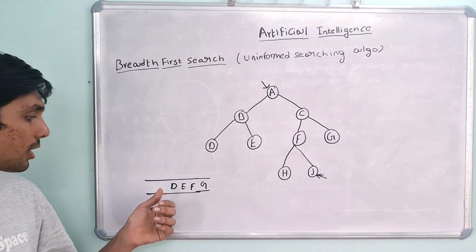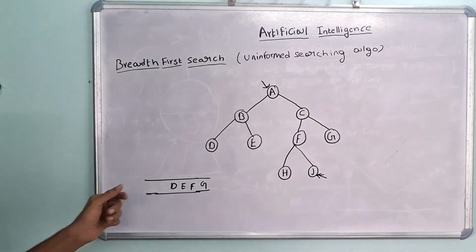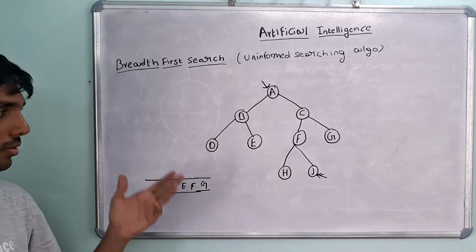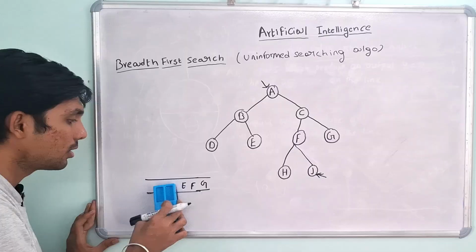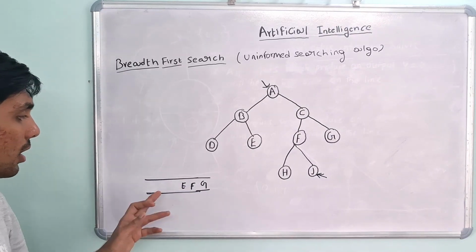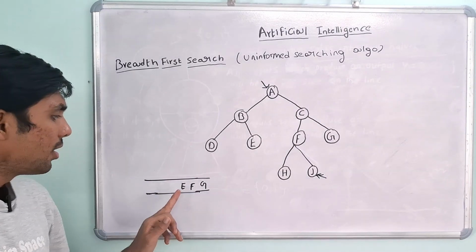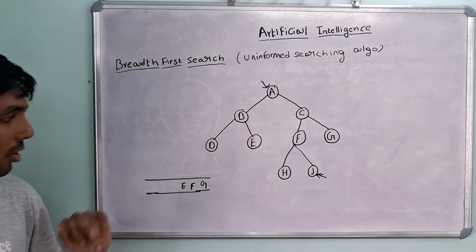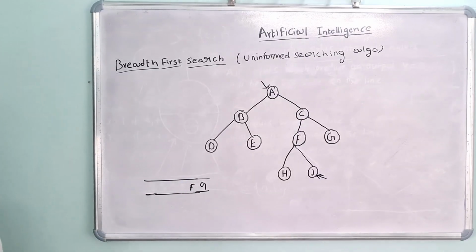Now the algorithm checks which element is next in the queue. D is next, so the algorithm explores D and checks whether D is the goal node or not. D is not the goal node, so the algorithm dequeues D. Now the next element in the queue is E, and the algorithm starts exploring E. As E is not the goal node, the algorithm dequeues E, and it also doesn't have any children.